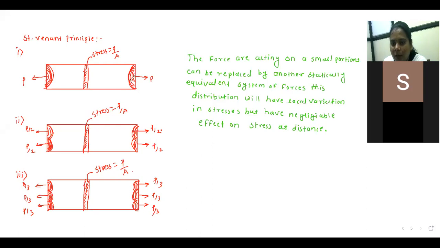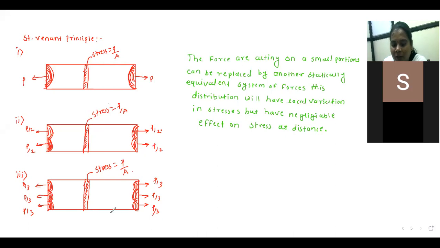See here in figure 1, force is applied at one point. At that time stress distribution has changed for that local portion, but at a distance there is negligible effect. In the second figure, this force is distributed through 2 points. So stress distribution changed for that particular local point, but when you observe at a distance, at that time stress will be the same.